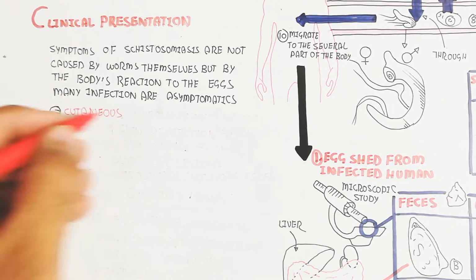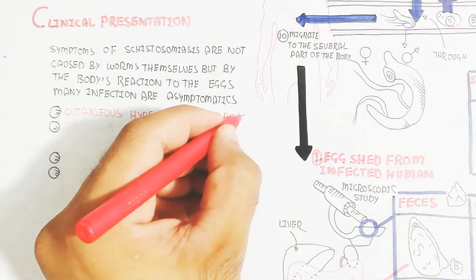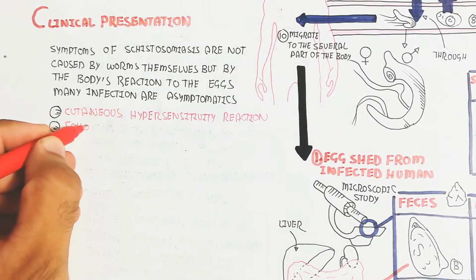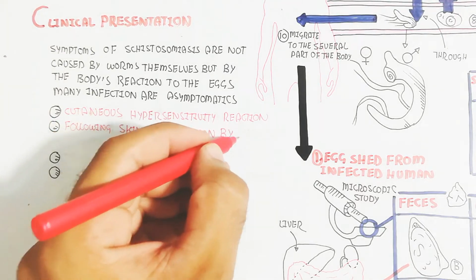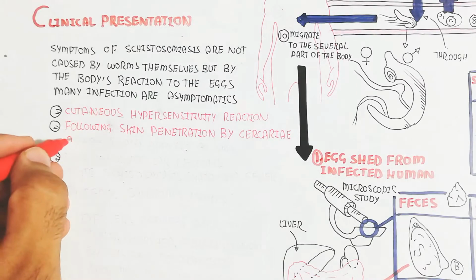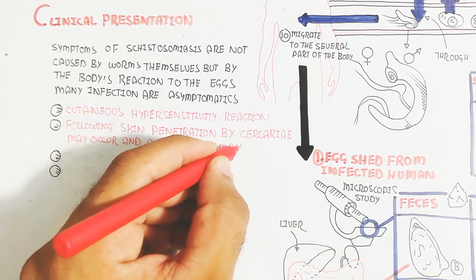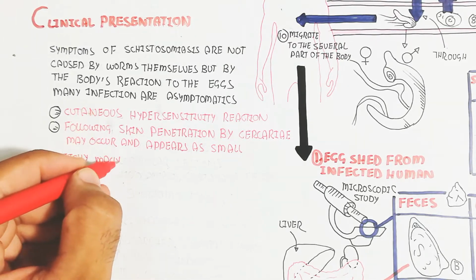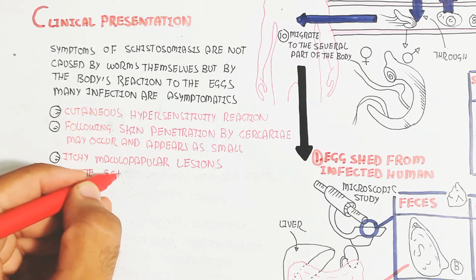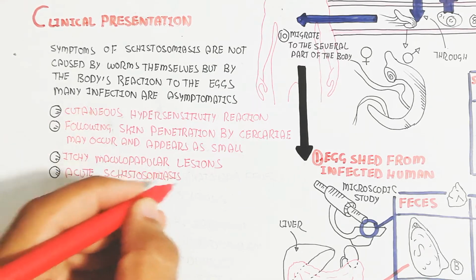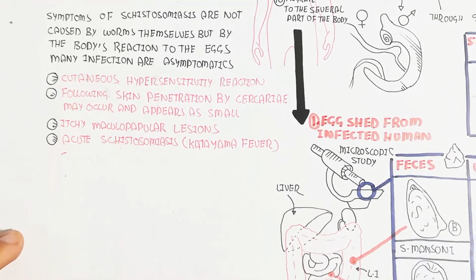For example, a cutaneous hypersensitivity reaction following skin penetration by cercaria may occur and appear as small itchy maculopapular lesions, and also acute schistosomiasis, the Katayama fever or snail fever. So that is also known as snail fever.